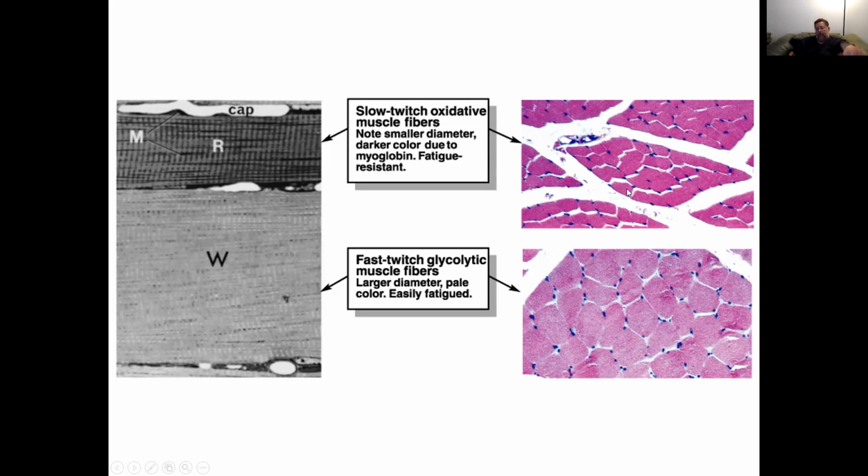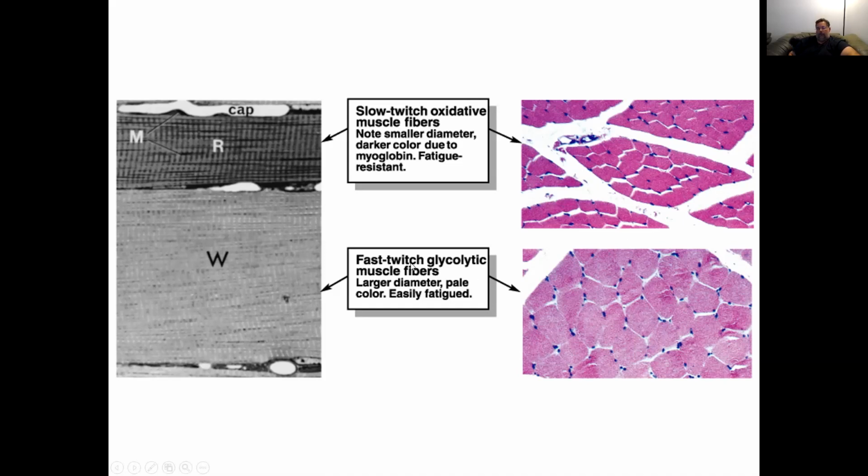When they're slow twitch and smaller in diameter, that means there's a lot less of the myofibrils. Remember all the myofibrils with the sarcomeres and things like that? There are less of them. But also, being smaller in diameter, substances can enter and exit the cell more easily.